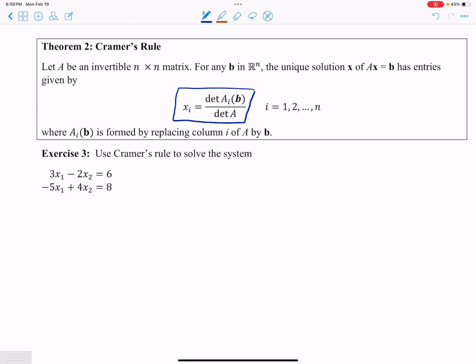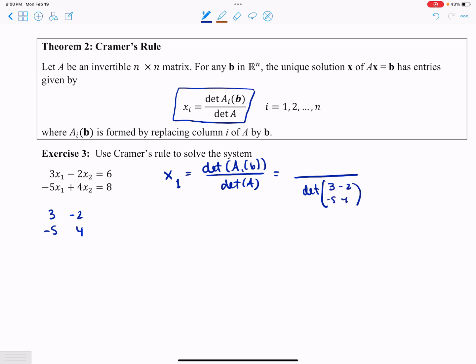All right, so it says x sub 1 is equal to the determinant of A1 of B divided by the determinant of A. The A is the coefficient matrix, so the determinant on the bottom is 3, -2, -5, 4.